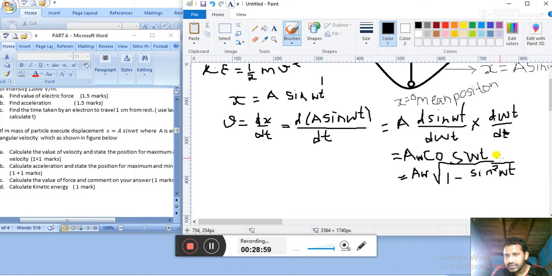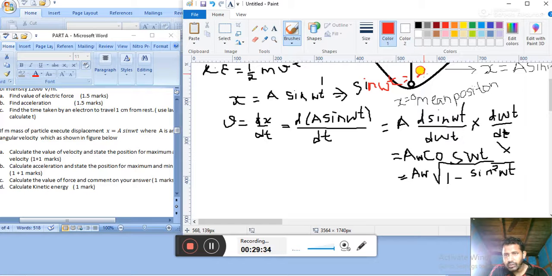And what is the value of sine omega t? Sine omega t equals x by a, where x is the displacement and a is the amplitude.